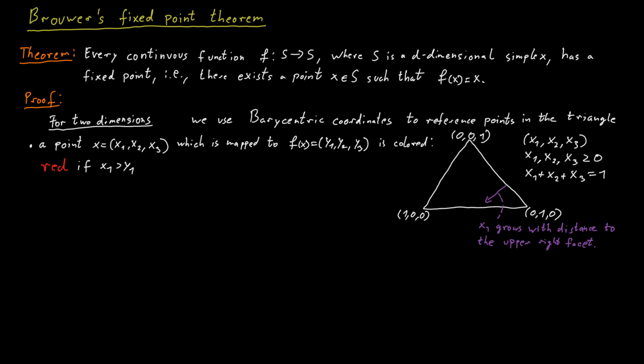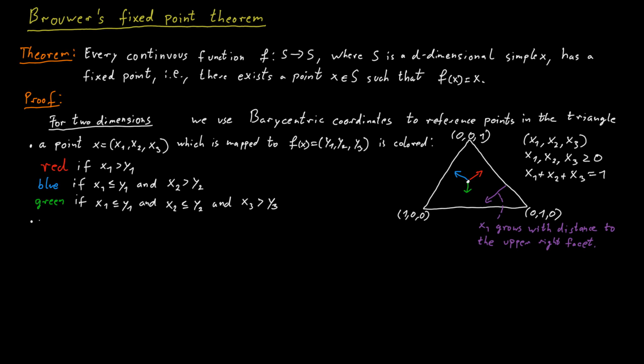So the first coordinate gets strictly smaller when we apply the function. And otherwise, it's colored blue if the second coordinate gets strictly smaller if we apply the function. So if x1 is less or equal y1, and if x2 is bigger than y2. And we color it green if x1 is less or equal to y1, and x2 is less or equal to y2, and x3 is strictly bigger than y3. So that's our three colors.